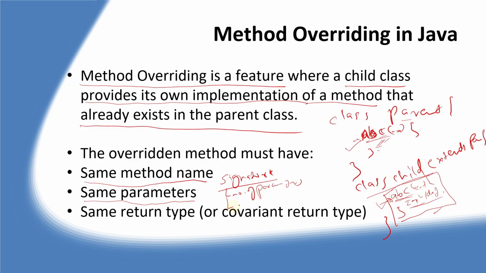And signature also means the data type, which data type we are using inside the method of the parent class. Let's say we are using int. Then in the child class, while redefining or overriding the same method ABC, we have to use the data type int, not the return type. I will explain the return type: where do we write the return type?